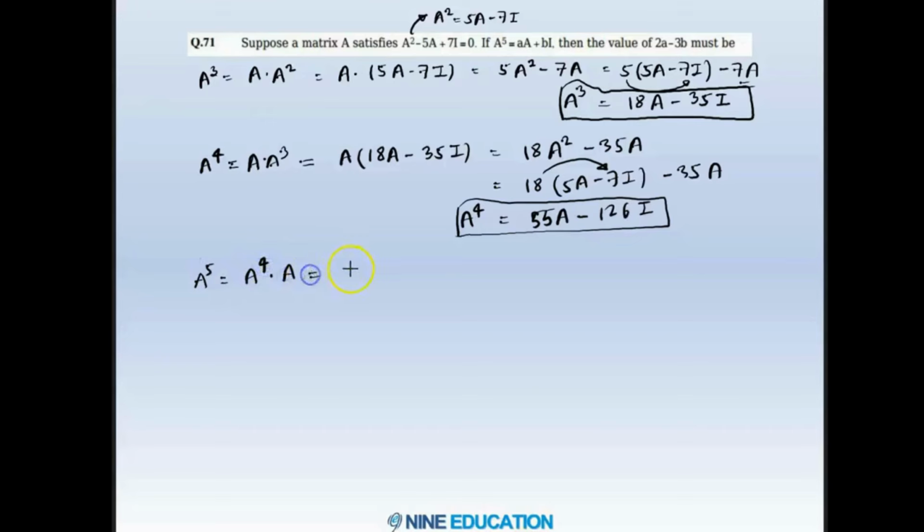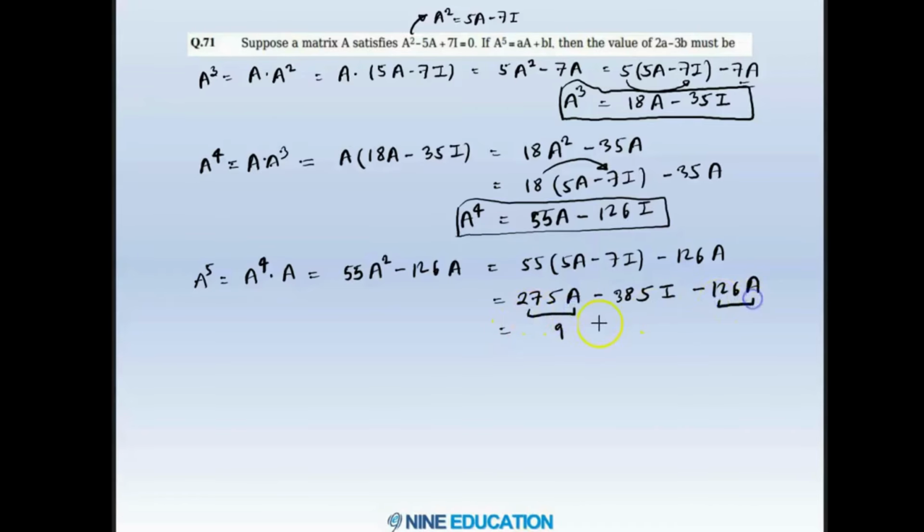And again in place of A square we'll be writing 5A minus 7I, then minus 126A, and this is going to be 5 into 5 25, and 2 will be remaining, then again 25 and 2 275A, minus 7 into 5 is 35, so 5 is here and 3 will be remaining, so overall it will become 385 times of identity matrix minus 126A. So 275A minus 126A, that will be overall 149A minus 385I. This is our A power 5.